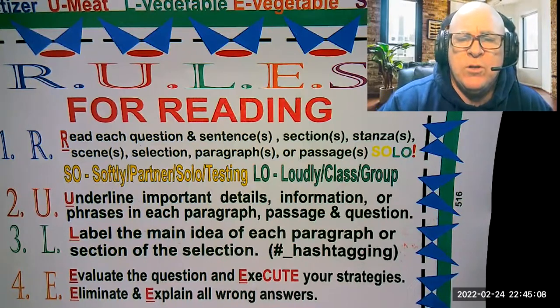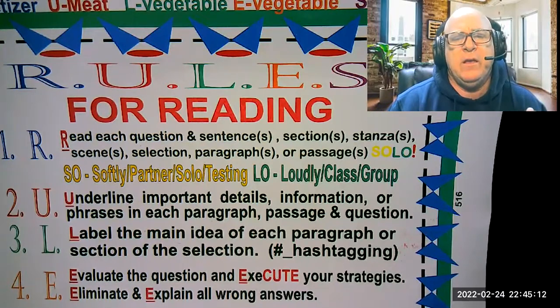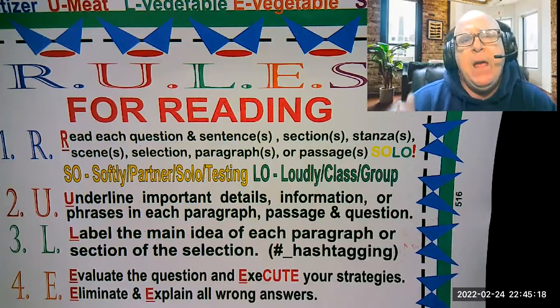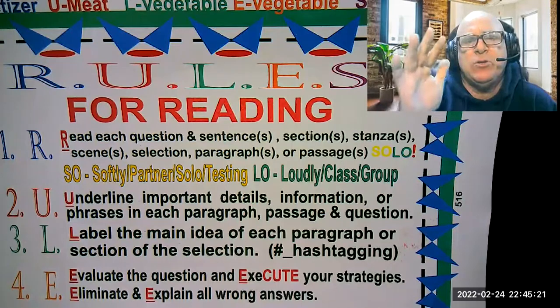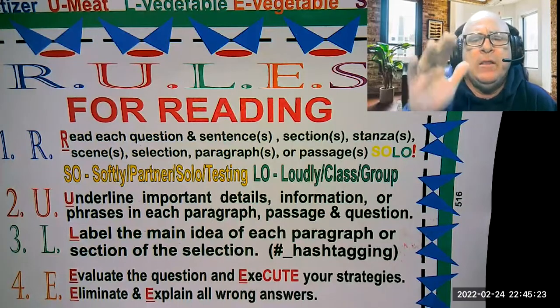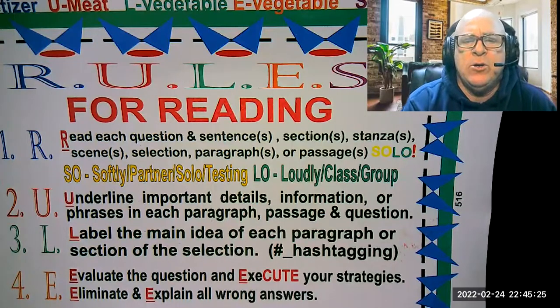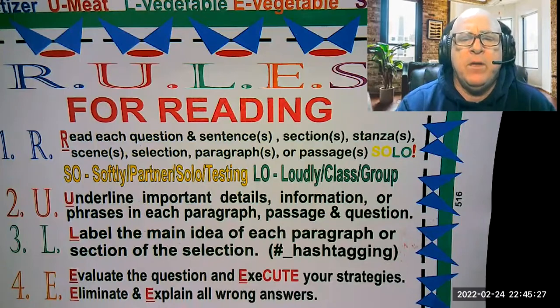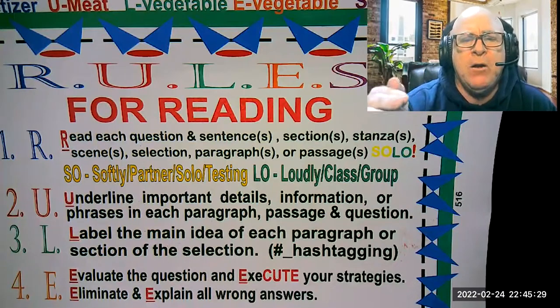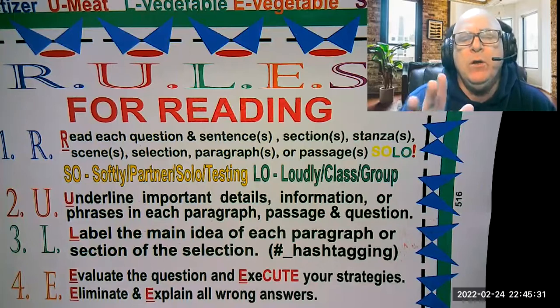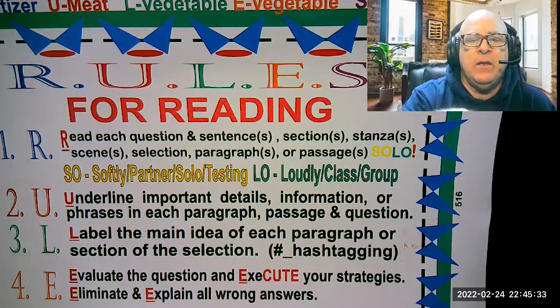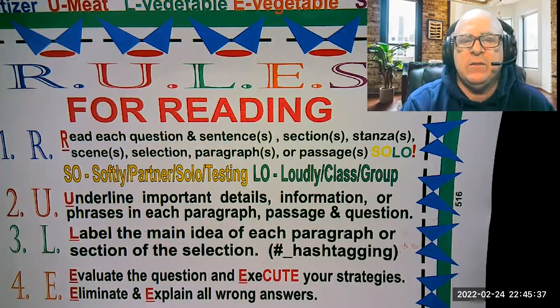So I want you to notice that a lot of the things that we'll be reading have to do with things that are in the P, the passage, or in the Q, the question. In the P, a certain paragraph or portion, or the selection, the scene, the sentence.